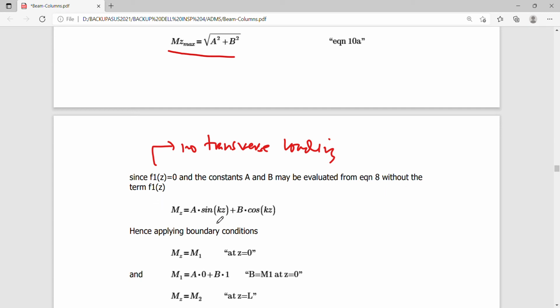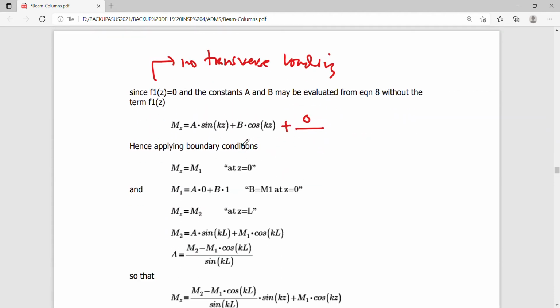So this is now the reduced equation, since f1(z), the particular solution here, is no longer existent.